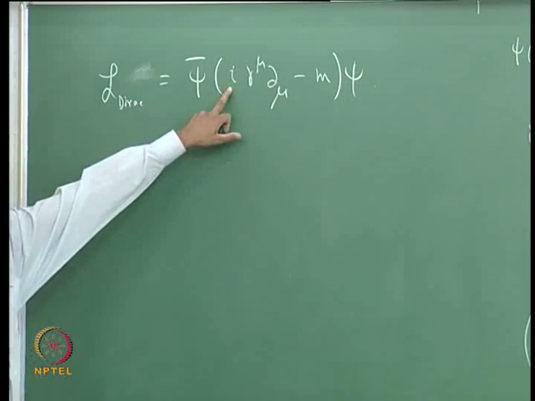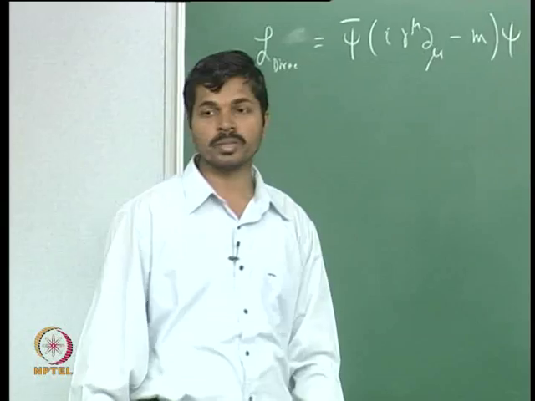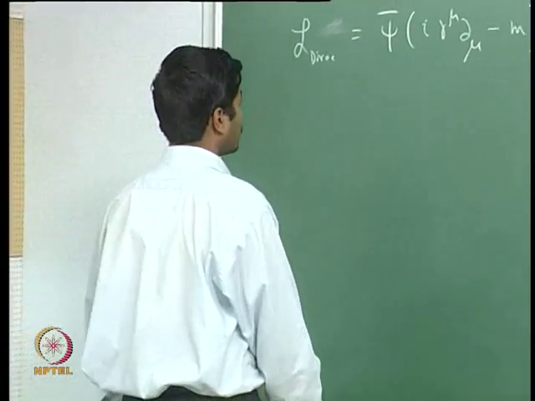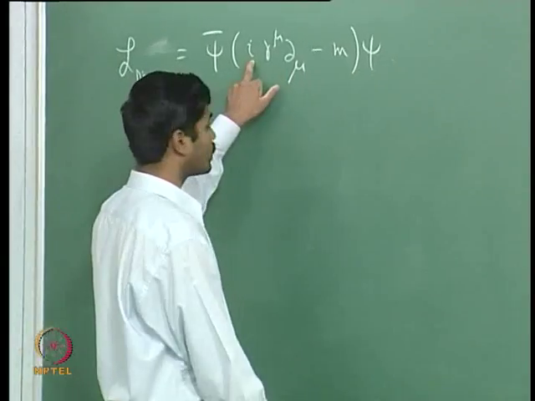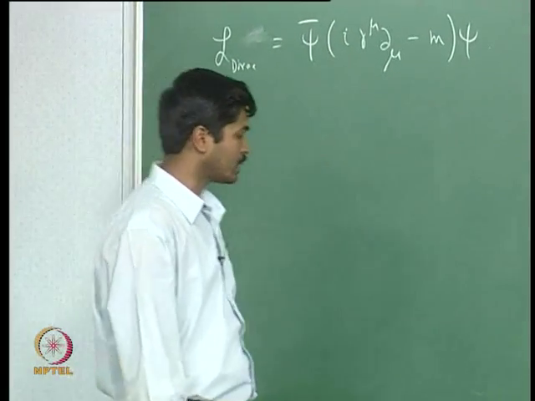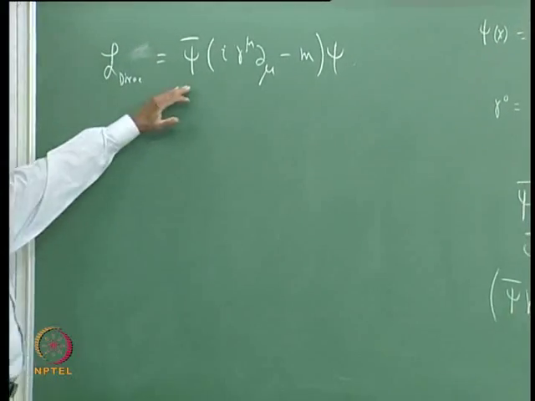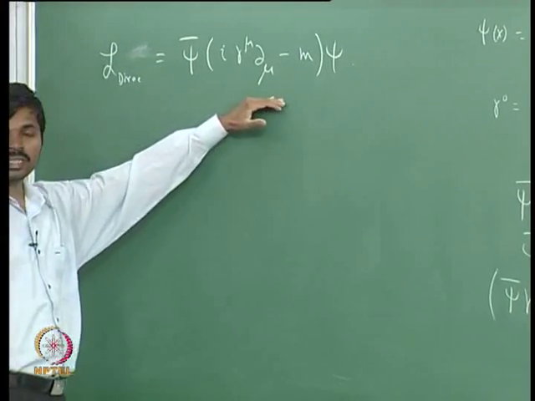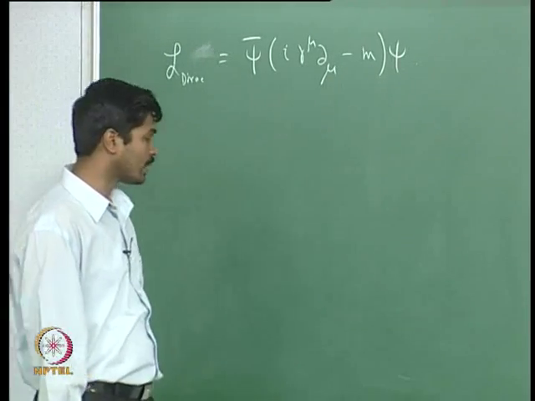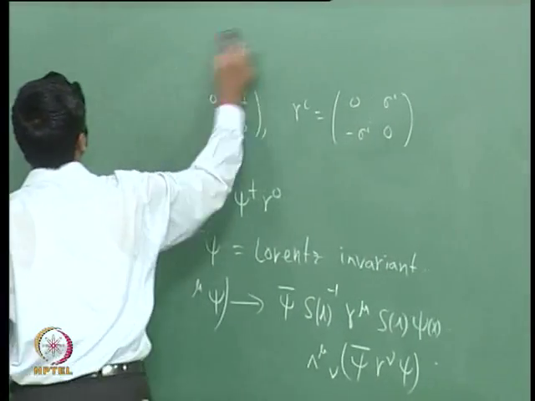I have inserted a factor of i to make the Hamiltonian Hermitian, which we will soon see how the Hamiltonian density is Hermitian. It will not be Hermitian if there is no i here. So, we will take this Lagrangian density for the Dirac field, and then we will quantize the system.